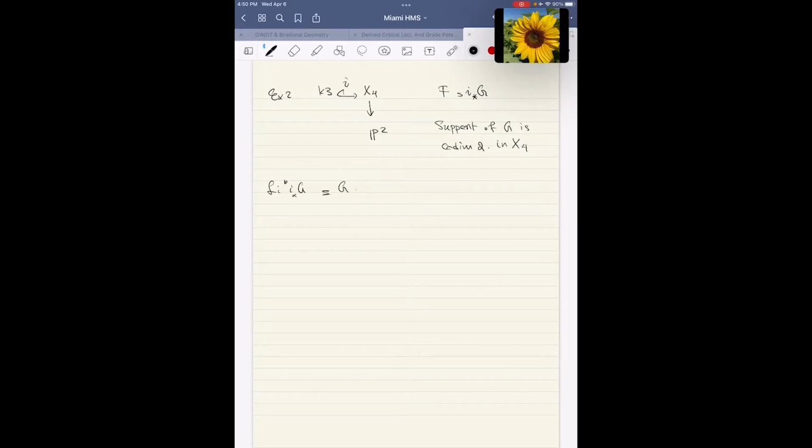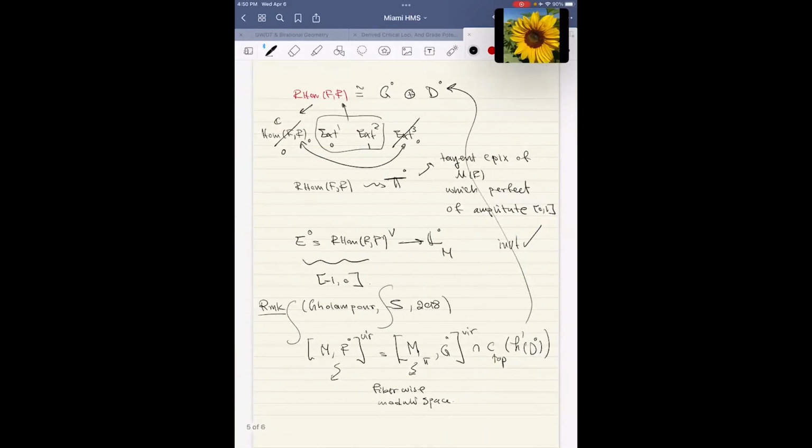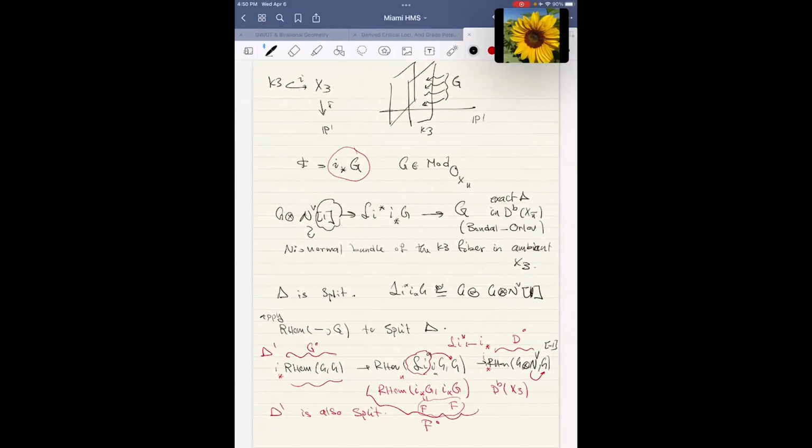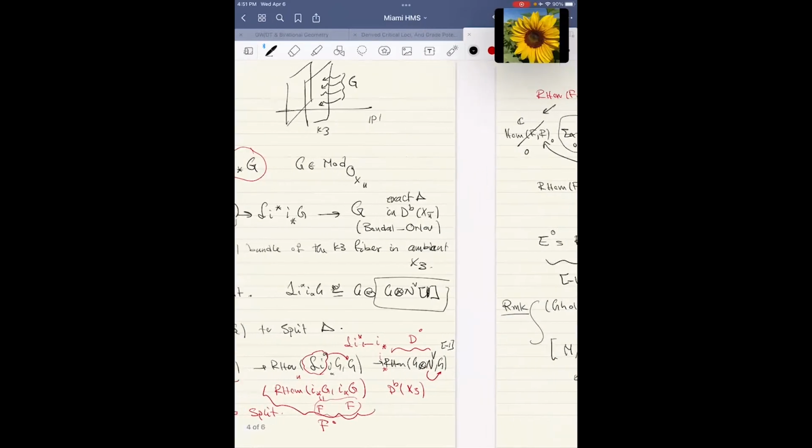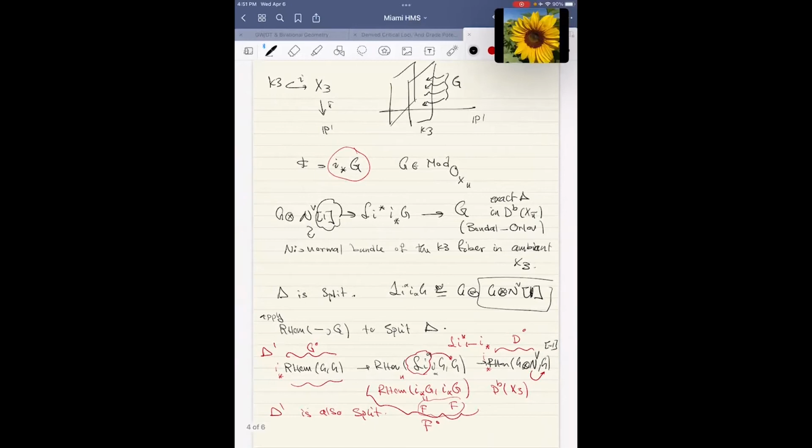You will get G back, plus G tensor the conormal bundle of K3 in X4, shifted by 1, exactly like before, except now the conormal bundle of K3 in the fourfold is a bundle of rank 2.